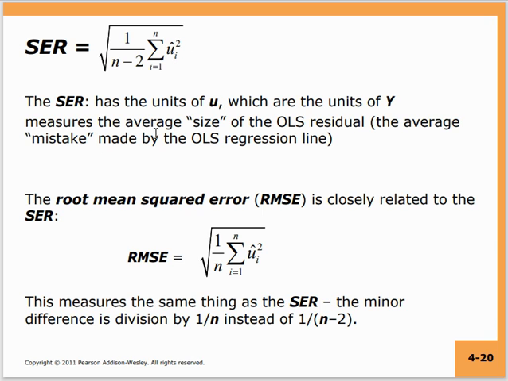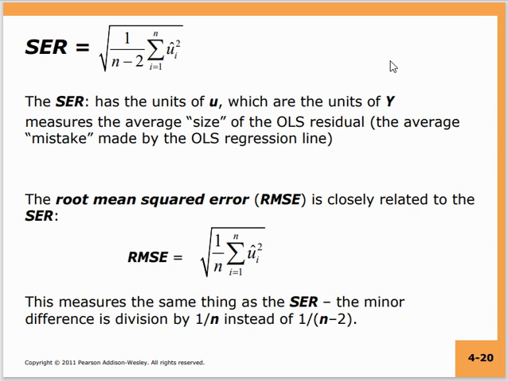So it measures the average size of the OLS residual, the average mistake made by the OLS regression line. Basically, if you have data which is very scattered, then the standard error of regression will be high, and if you have data which is closely bunched together, then your standard error of regression will be smaller.